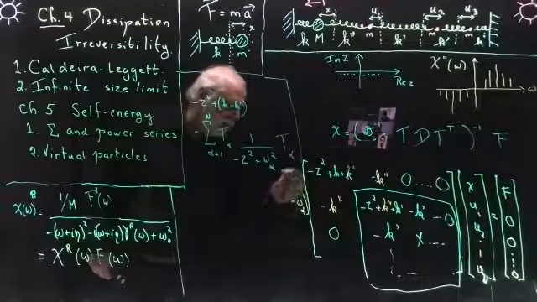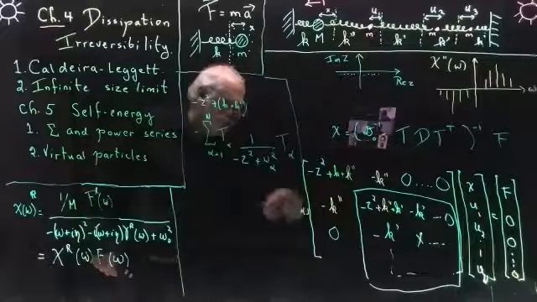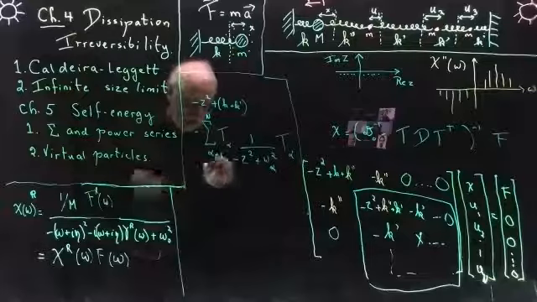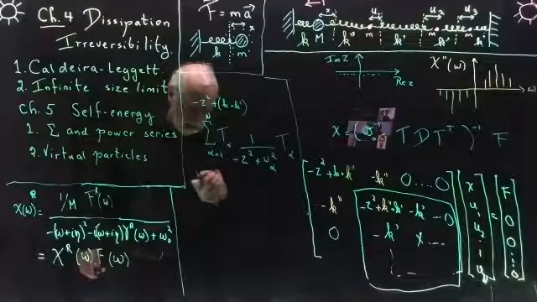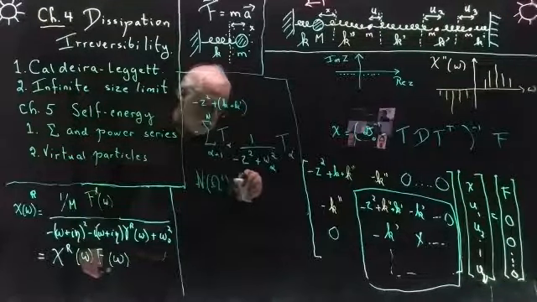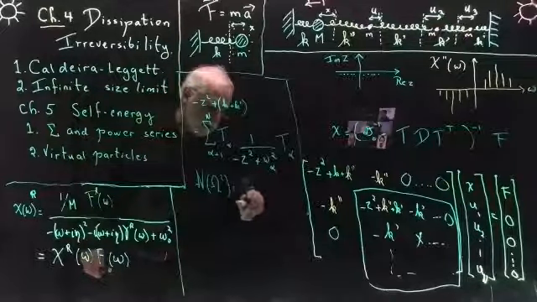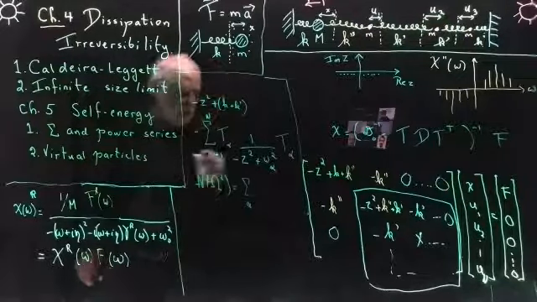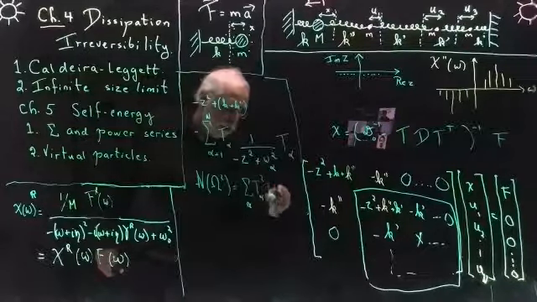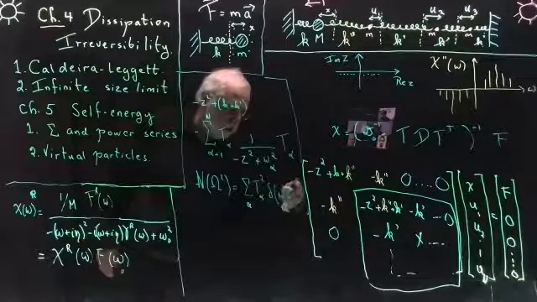The continuous limit: I define a density of states, n, density of modes n of omega square, which will be equal to the sum over alpha of t alpha square times delta of omega alpha square minus omega square.